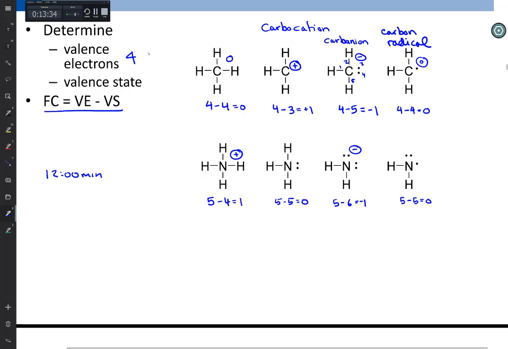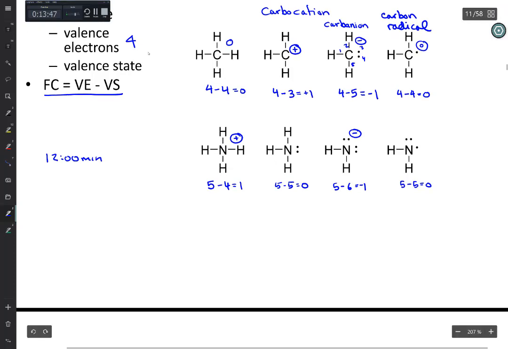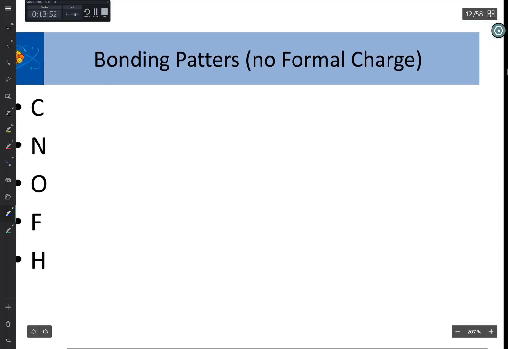It's cleaner. It's the same math and gets the same number, but combining the electrons and bonds together in this valence state makes it look cleaner.